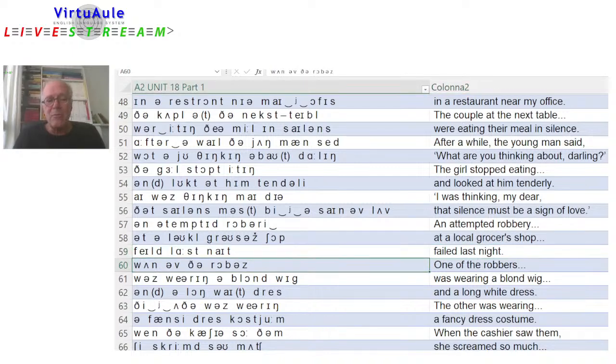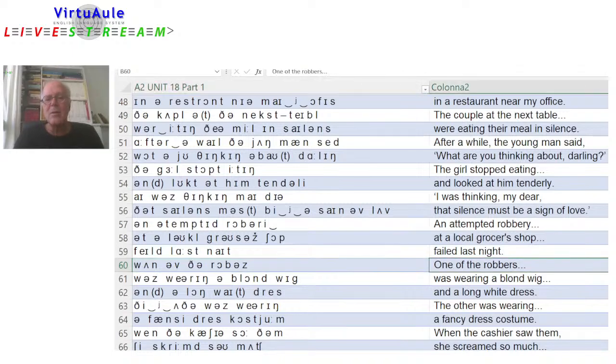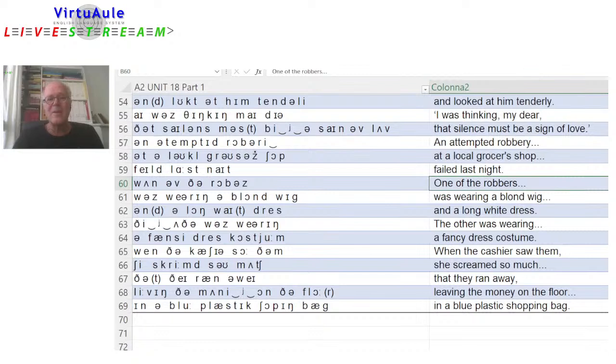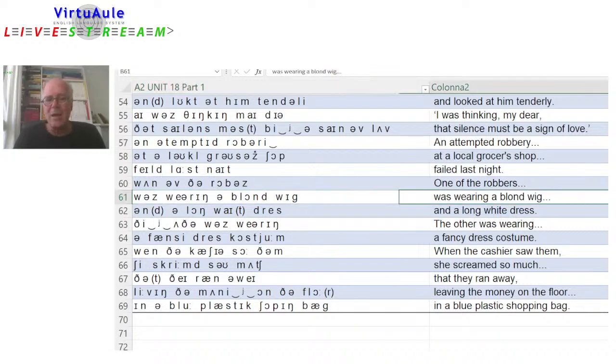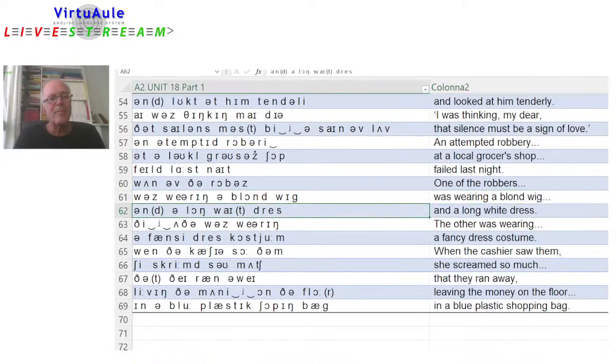One of the robbers was wearing a blonde wig and a long white dress.